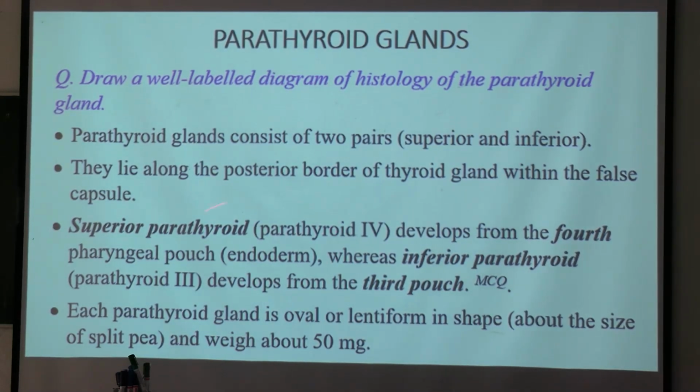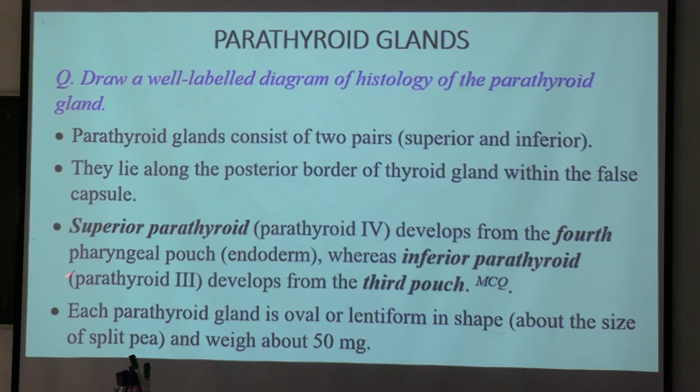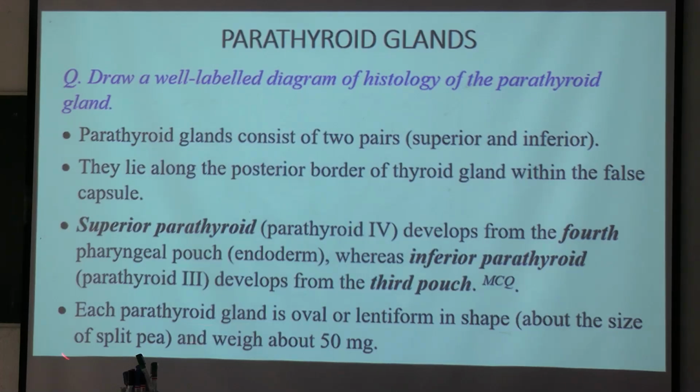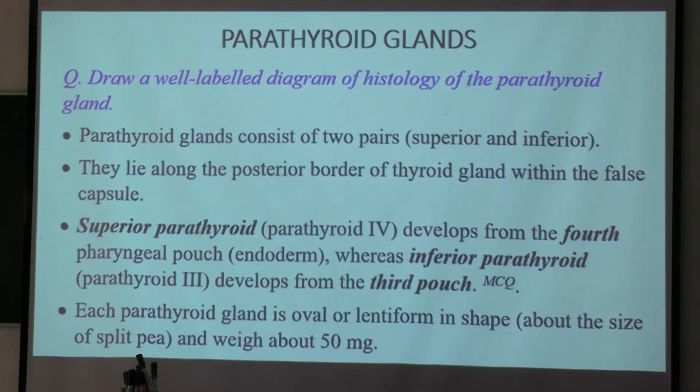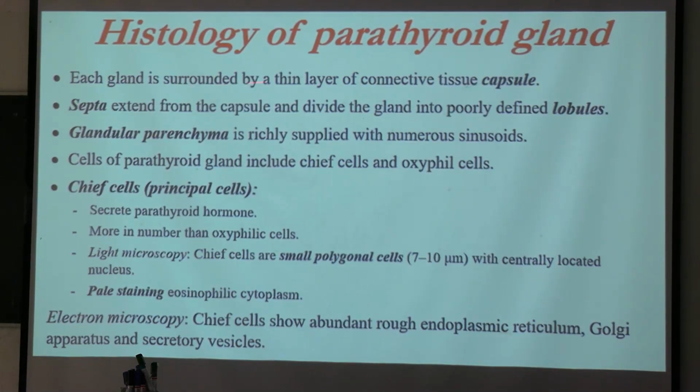Okay, that's why the name is given parathyroid 4 and 3. And each parathyroid gland is oval or lentiform in shape, about the size of a split pea, and weighs about 50 milligram. And each parathyroid gland is surrounded by a thin layer of connective tissue capsule, and the septa extend from the capsule and divide the gland into poorly defined lobules.